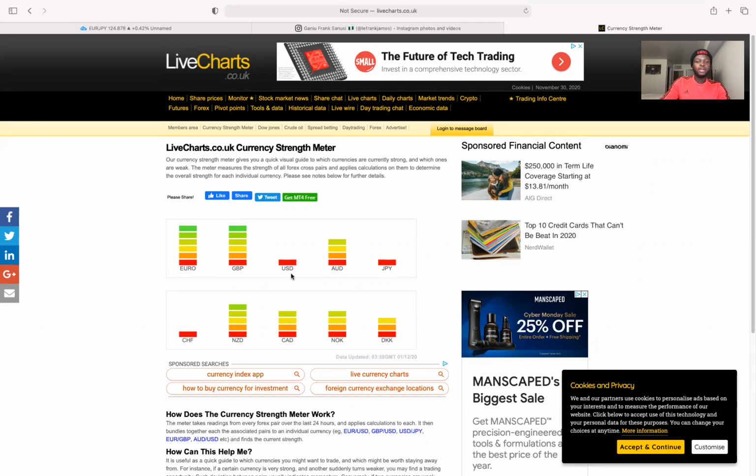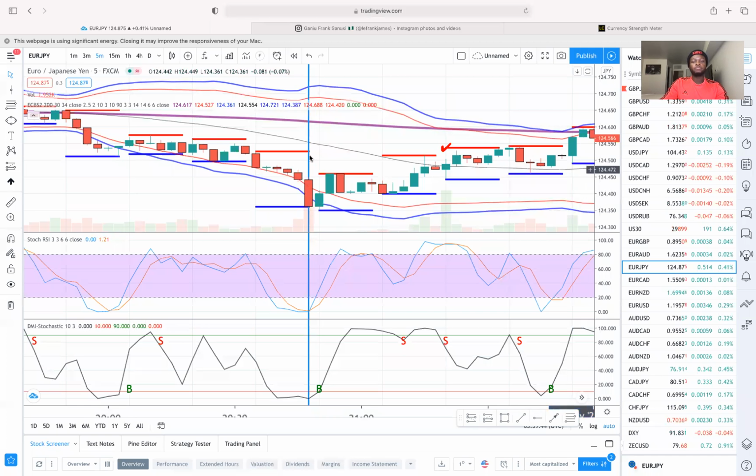So what I'm looking at right now is a pair of different currencies. We were looking at euro JPY. You would want the euro to be stronger than the yen for a buy setup, to confirm your buy. Guys, you want to pay attention to this part right here, especially if you're new.